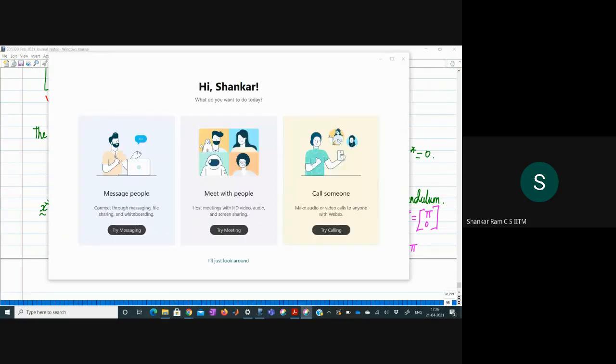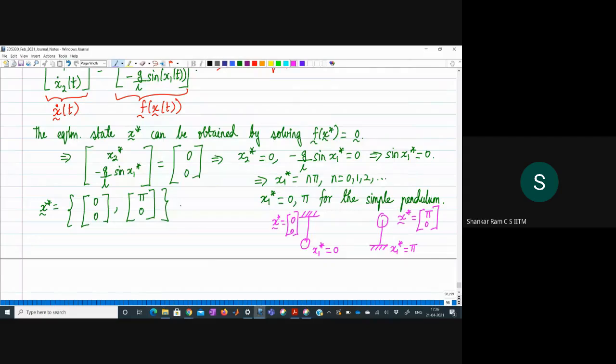So this is unique to nonlinear systems, and this scenario, which happens with nonlinear systems alone, corresponds to what is called the presence of multiple isolated equilibrium states. What do we mean by multiple isolated equilibrium states? That is, we have more than one equilibrium state, as we have seen in this example. We have two equilibrium states, 0, 0 and pi, 0.